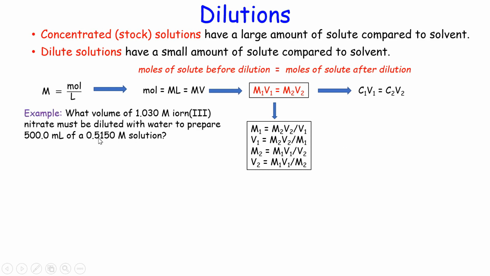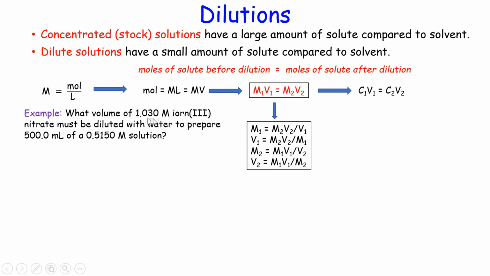Let's work on one problem. What volume of 1.030 molar iron(III) nitrate must be diluted with water to prepare 500 milliliters of a 0.5150 molar solution? We are going to use this key equation.